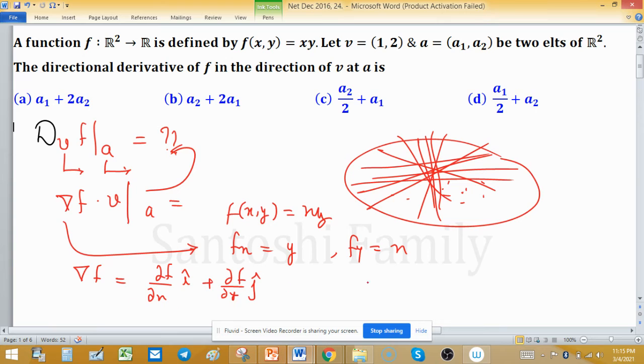Now take the dot product, so gradient f with vector v, or you can put the value of fx and fy from above.